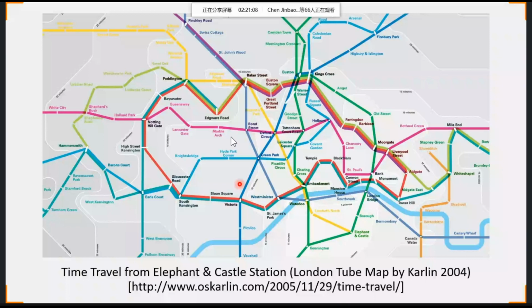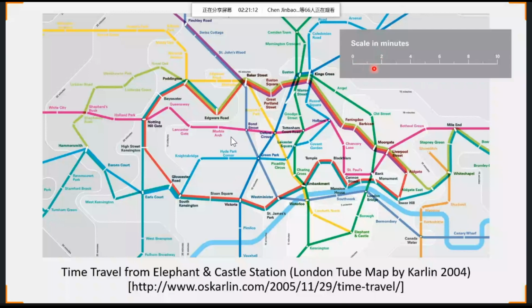And of course, therefore, you have not a scale that refers to the physical, spatial distance. This is about the time difference, time distance. So you have a scale in minutes. Here, a distance in the map refers to a distance in time, not in space.